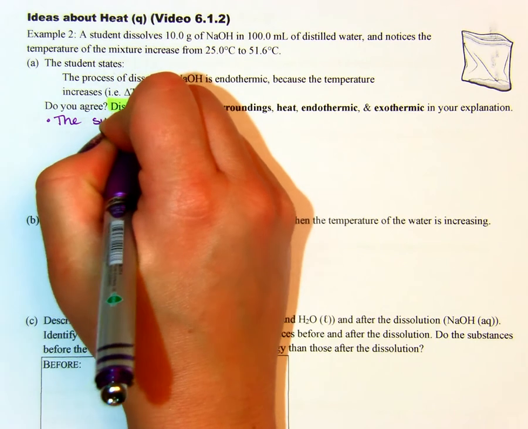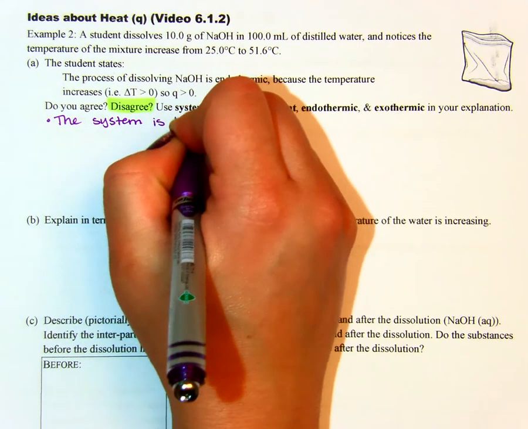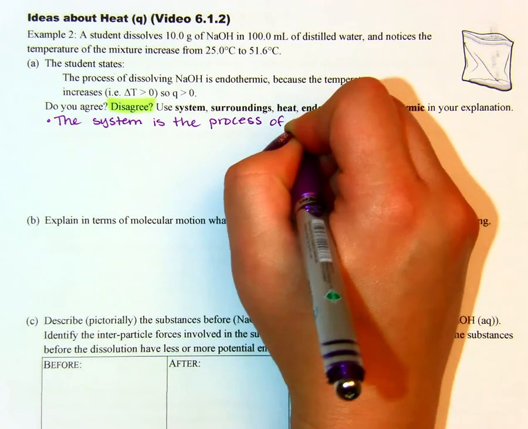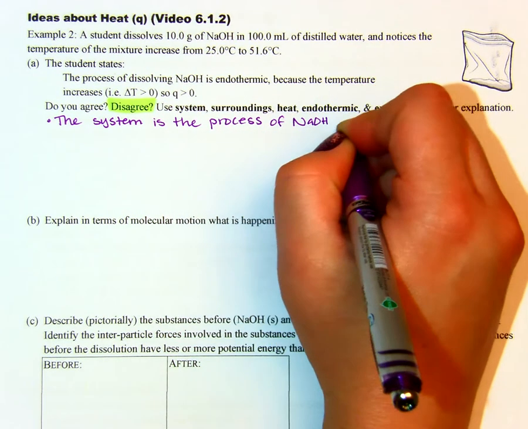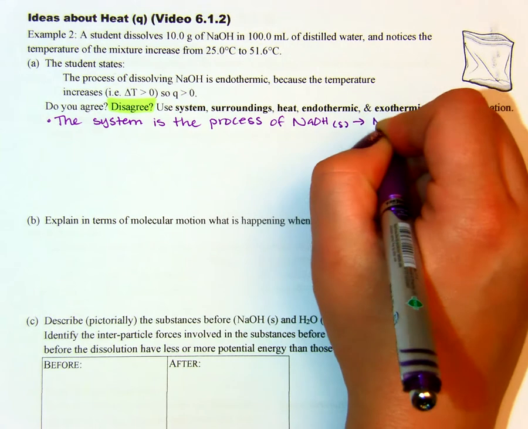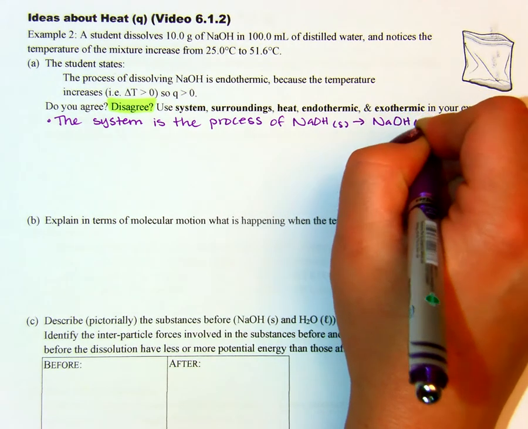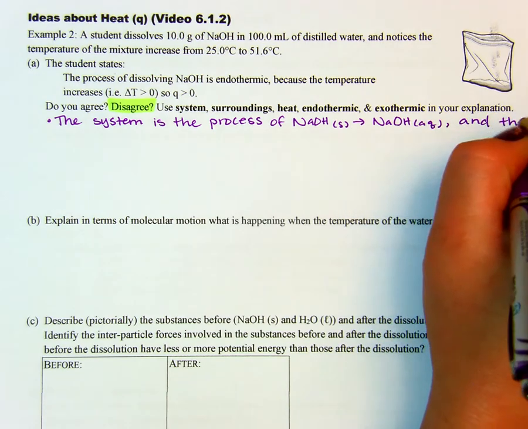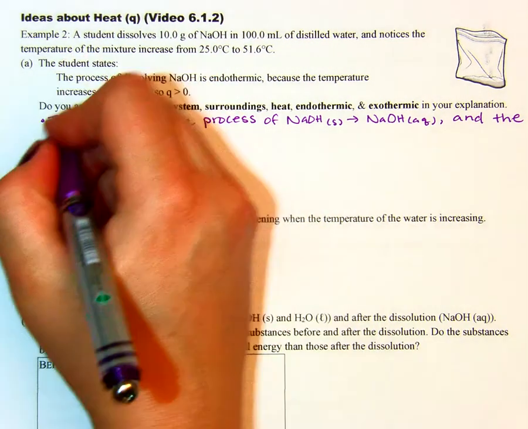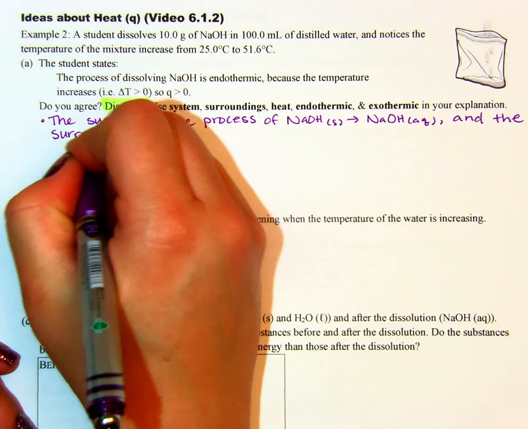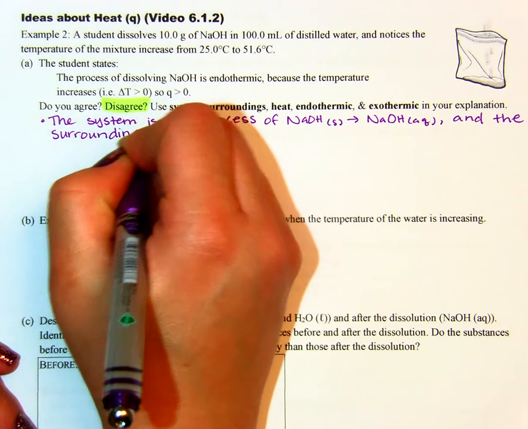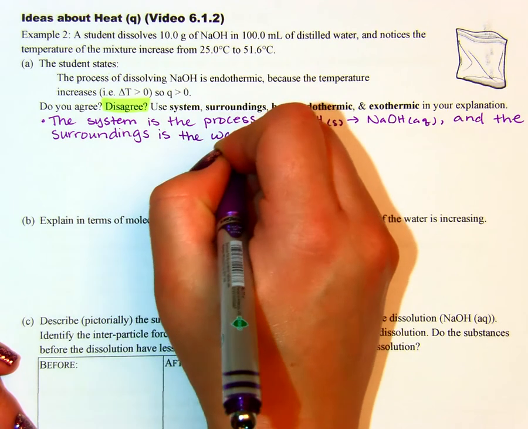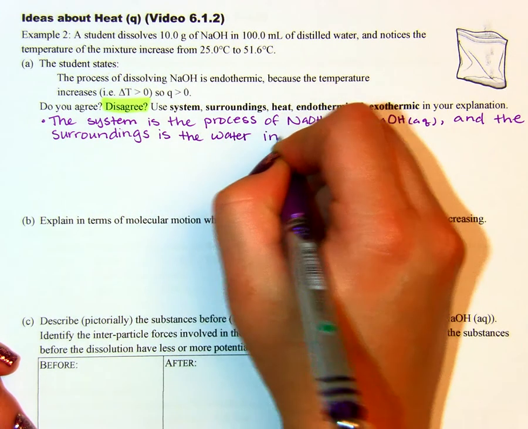The system is the process of sodium hydroxide solid dissolving to sodium hydroxide aqueous, and the surroundings is the water in which it is dissolved.